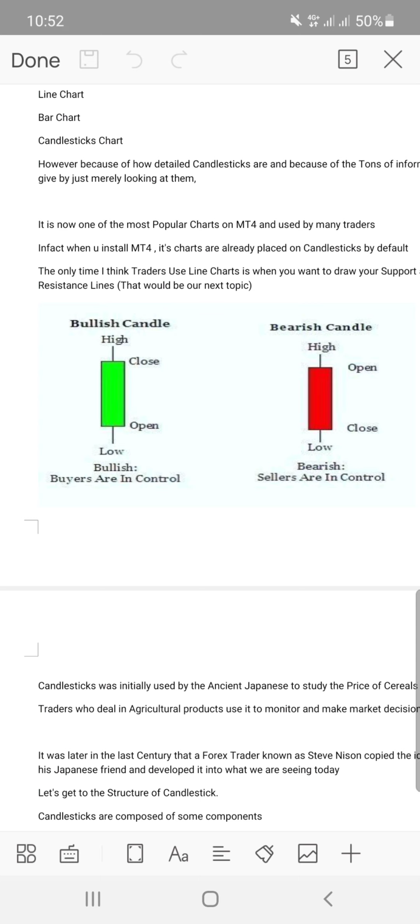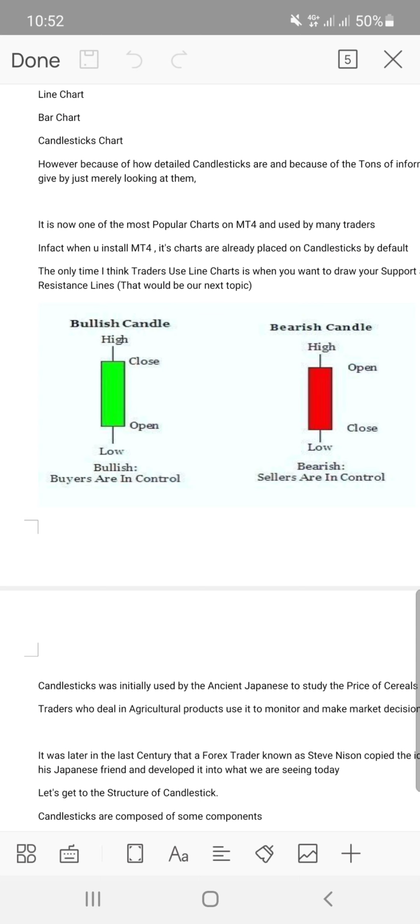While bearish candles are candles that are red in color, and in some charts you see them as black. That's just it.